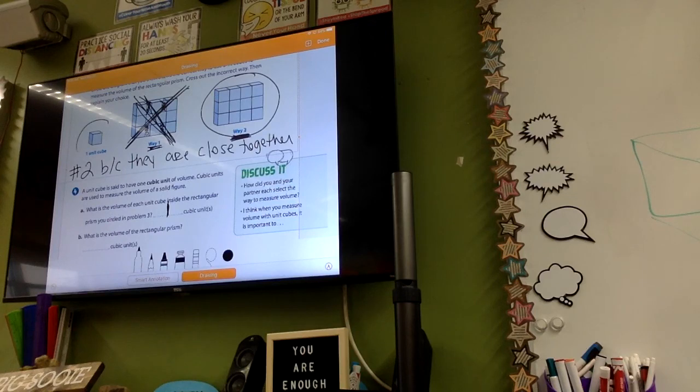Each single unit cube has a cubic unit of 1. Every single one of them. Every one we look at from here on out, each single cube has a unit of 1. Now in B, what is the volume of the rectangular prism? 12. Because if you count all of those cubes, you have 12.